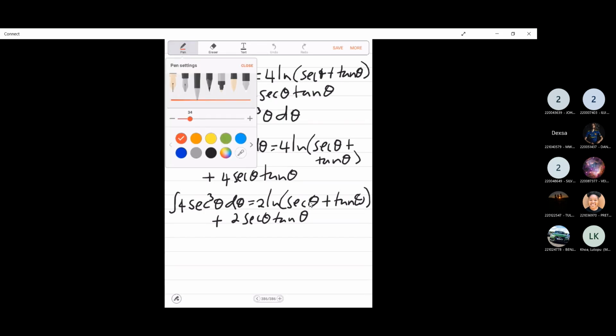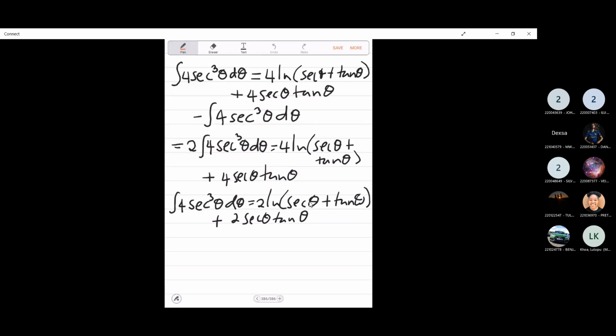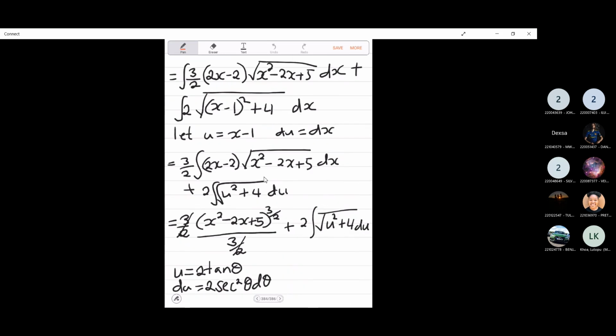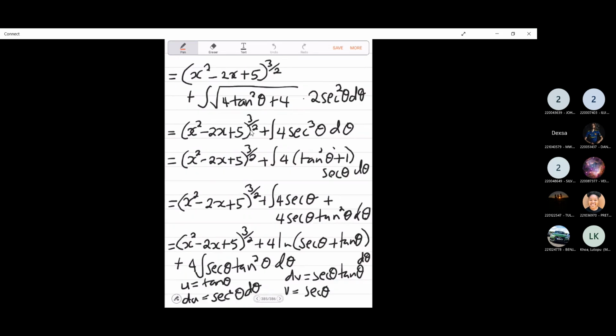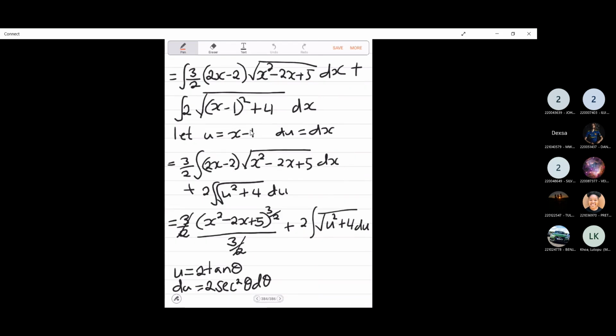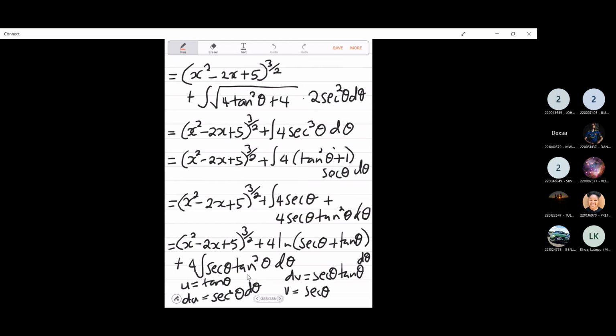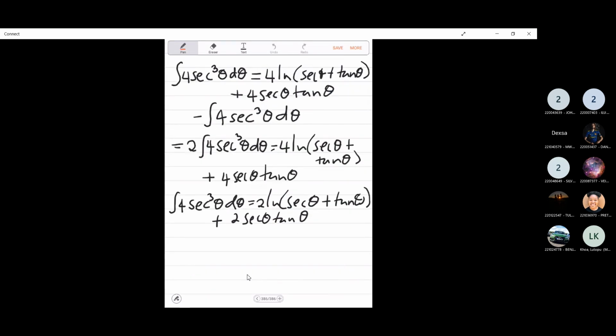So if you remember the substitution we made, we said that u is equal to x minus 1, and also u is equal to 2 tan theta. This means that tan theta is u over 2.